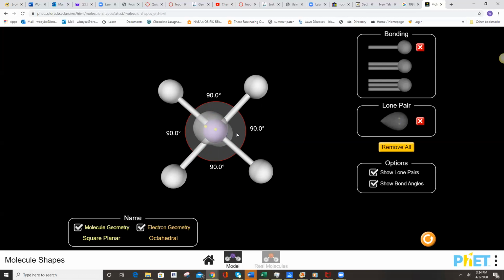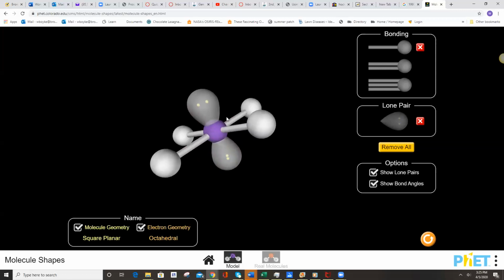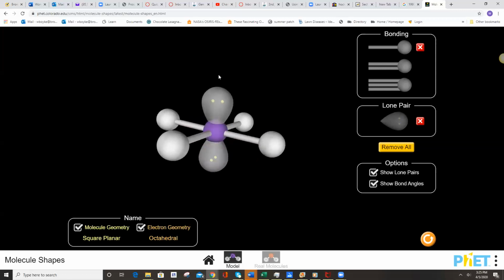So what I highly recommend you do, you can stare at these sheets all you want, but that doesn't get you a good feeling for how these molecules actually work.